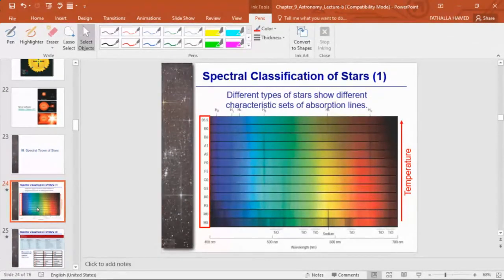And that's why in any constellation, the brightest star was given a classification of alpha, then next to it is beta, and so on. But here, how can we really classify stars?